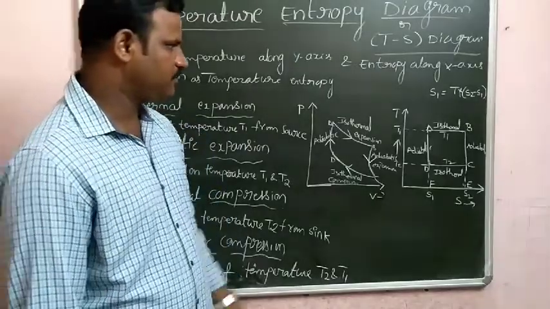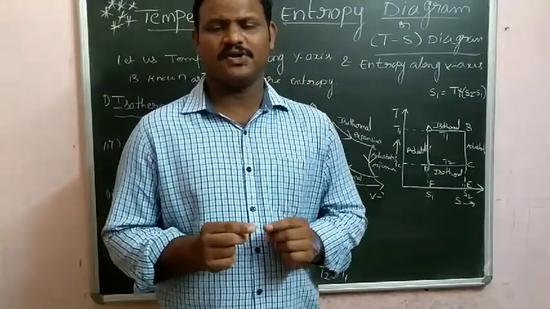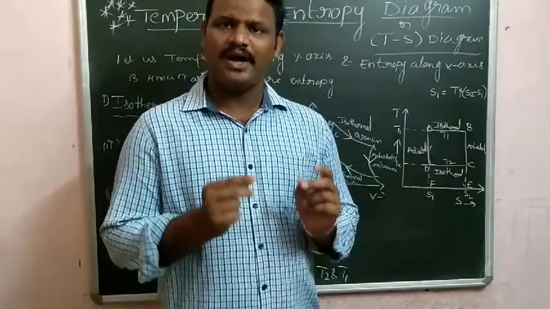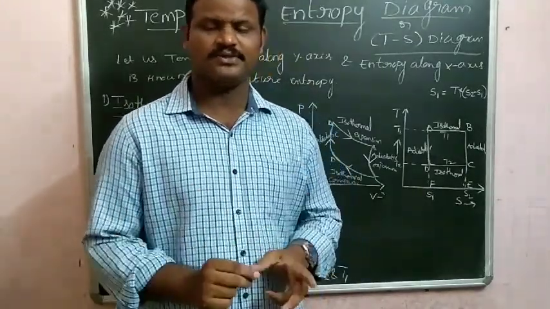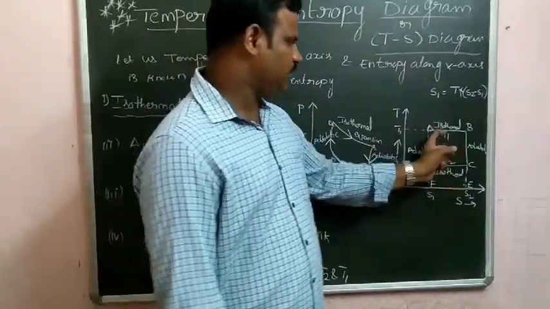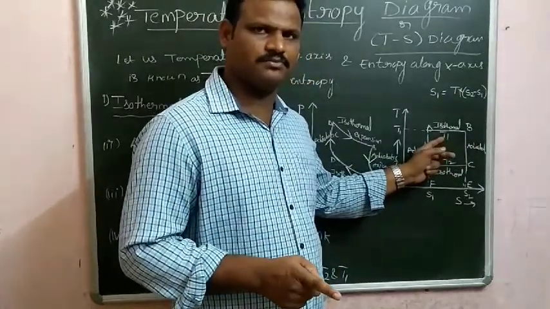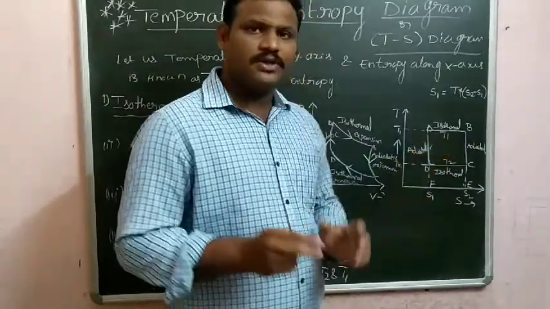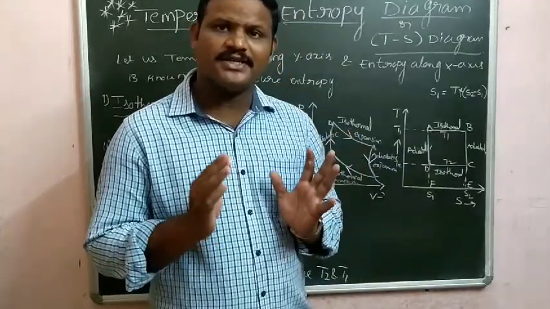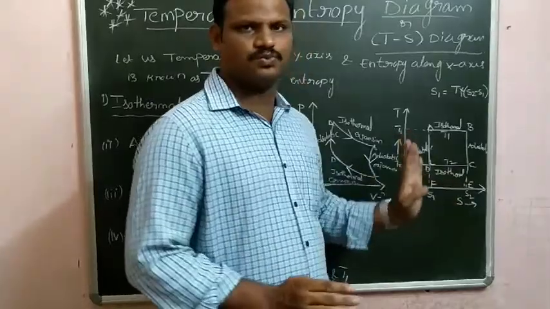First point, from the TS diagram, during isothermal expansion, it is represented along a straight line AB at a constant temperature T1. Next, the entropy of the working substance is increasing from S1 to S2.